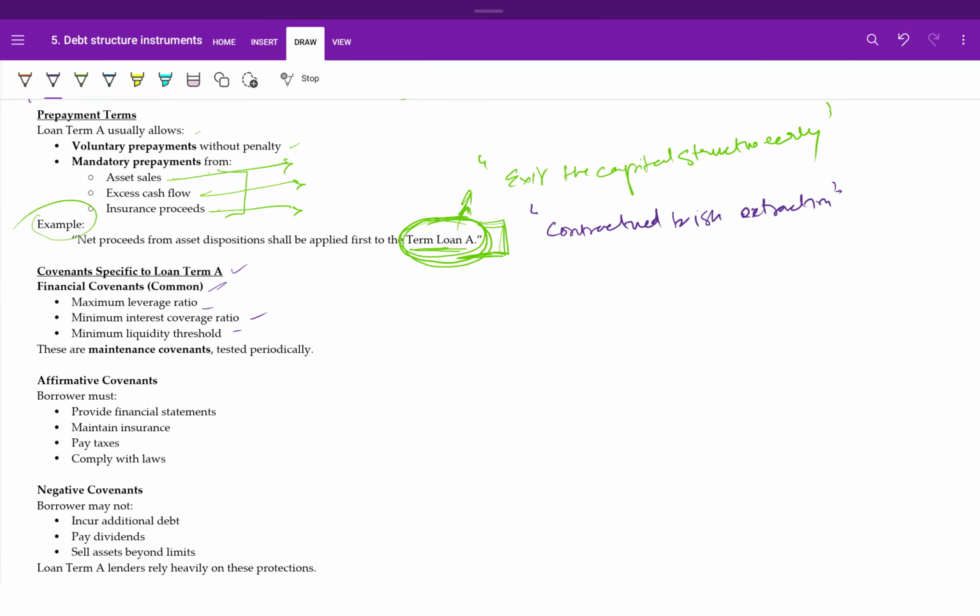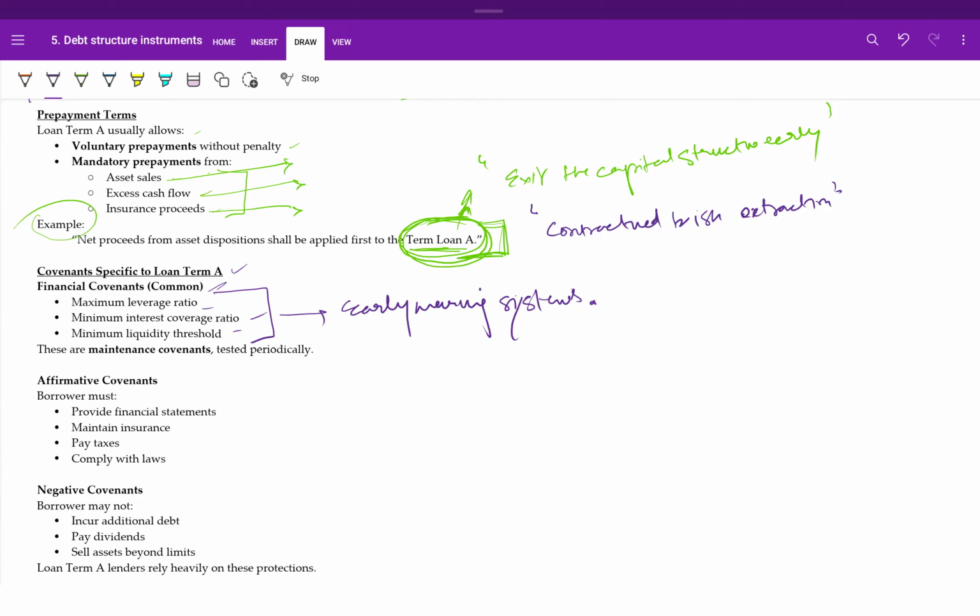These are maintenance covenants tested periodically, not just at any occurrence. So they function as an early warning system. That would be the correct word to say.